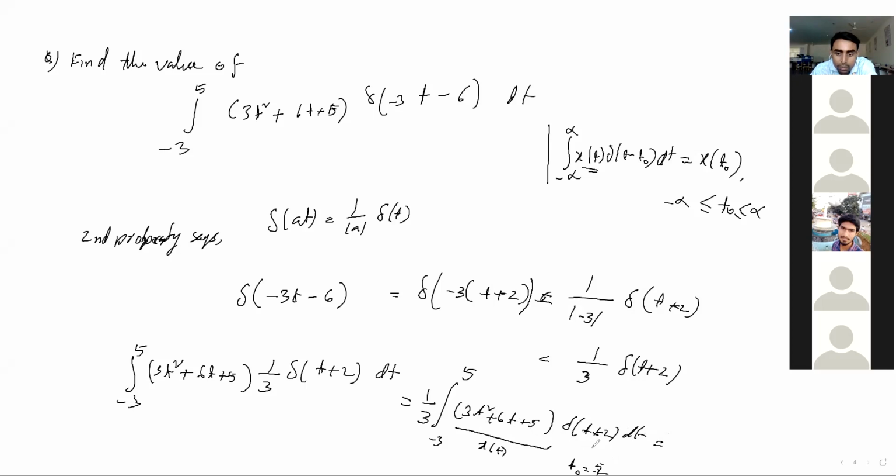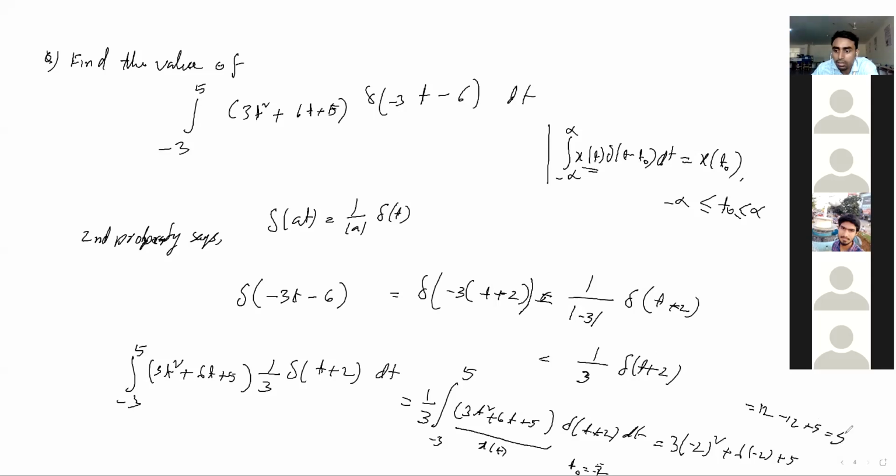All the t is replaced by −2, so the value will be 3 into (−2) whole square plus 6 into −2 plus 5. (−2) squared is 4, and 3 times 4 is 12, then 6 into −2 is −12, plus 5.